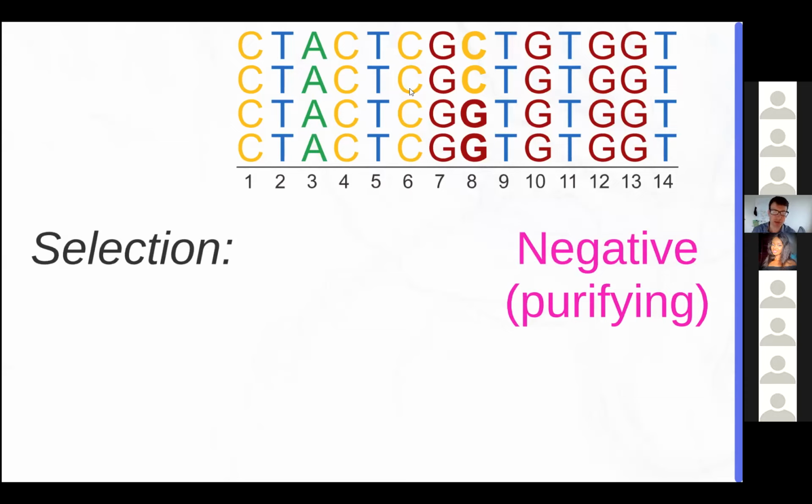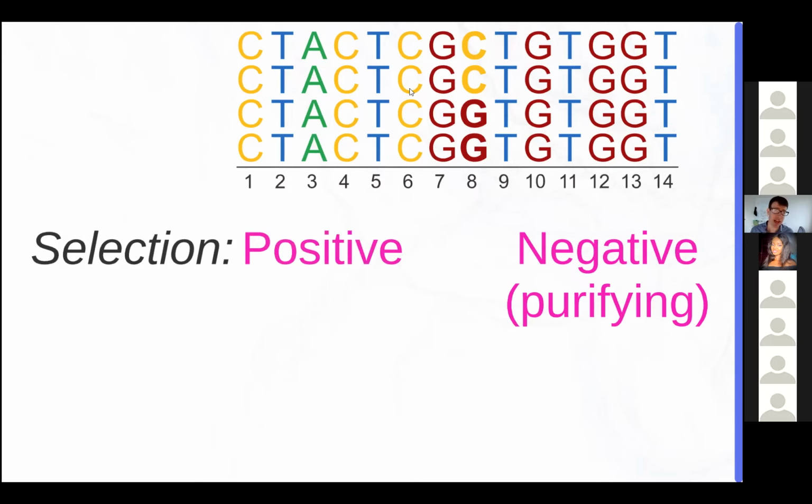Negative selection or purifying selection is where you converge and you get the same sequence, the same alleles, you purify that allele. So that allele is somehow beneficial. Changing away from that allele doesn't help you in your environment. So negative or purifying selection means you're going to see less change in that region because this allele is really good, it's helping you.